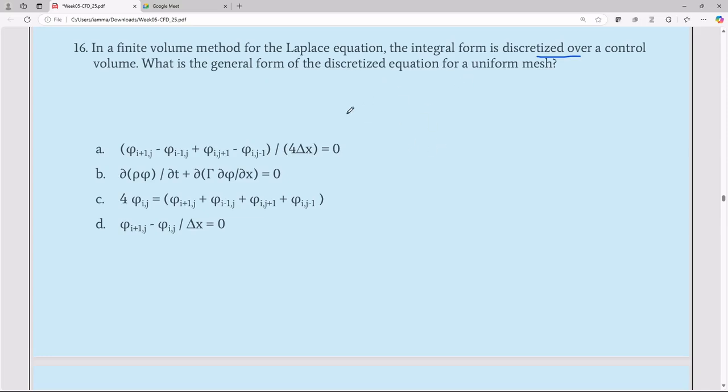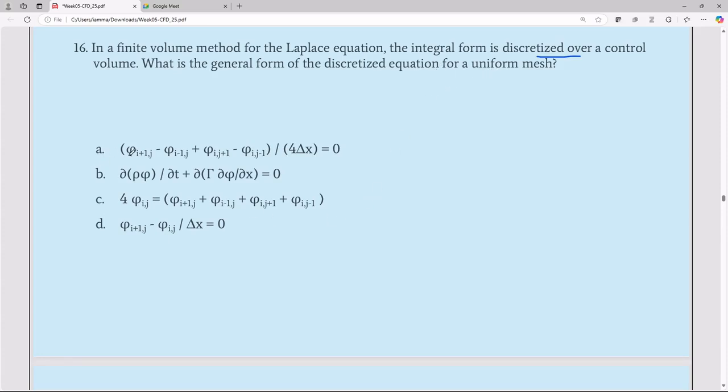So this is a continuity kind of question from the previous question. Here, what is the discretized form of the Laplace equation in a uniform type of mesh?